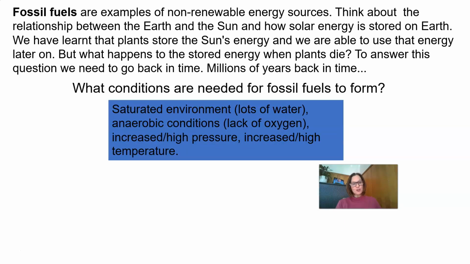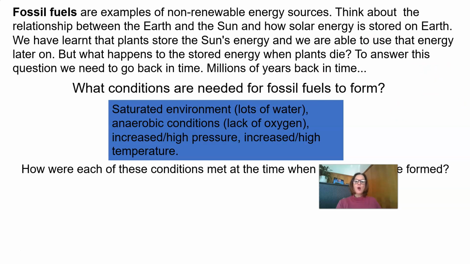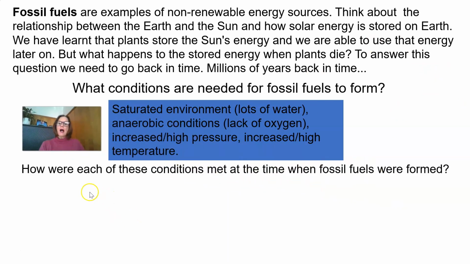They need a saturated environment, in other words, lots of water, anaerobic conditions, lack of oxygen, increased high pressure, increased high temperature. We then have to ask, how were each of these conditions met at the time when fossil fuels were formed?